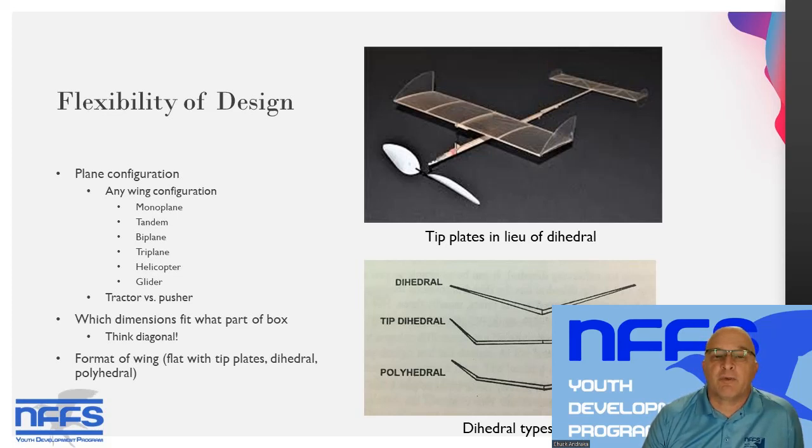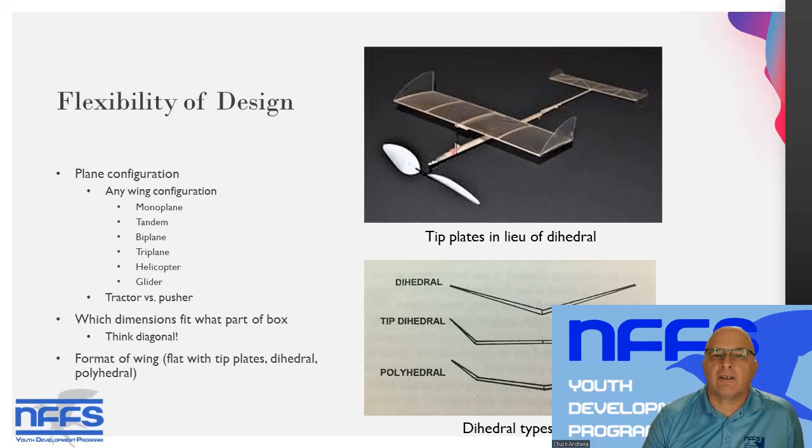A helicopter is permitted. There's a requirement that the helicopter have a dime-size surface at the top that would hit the ceiling, and the intent there is that the helicopter cannot impale itself into a ceiling tile to gain more flight. A glider is acceptable.